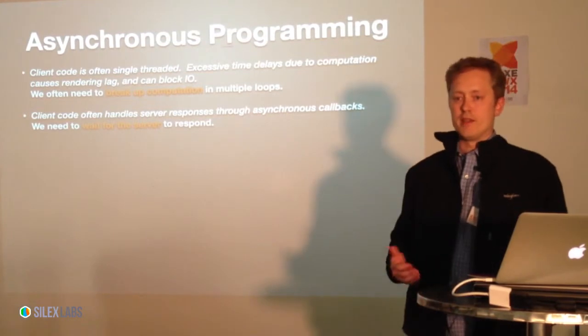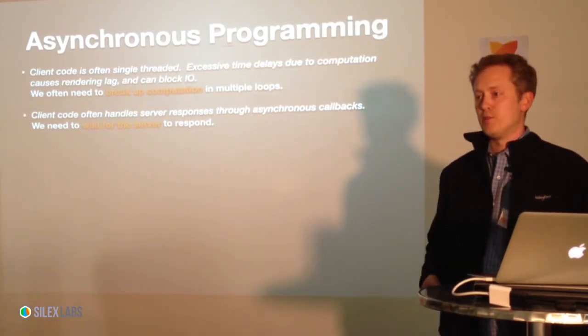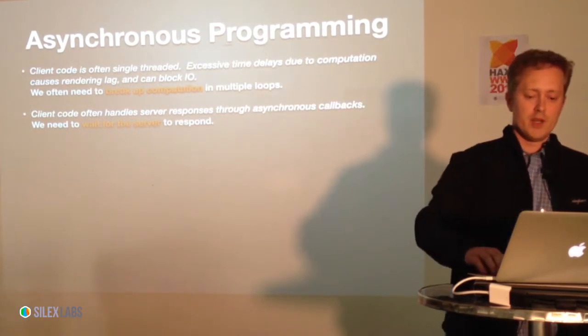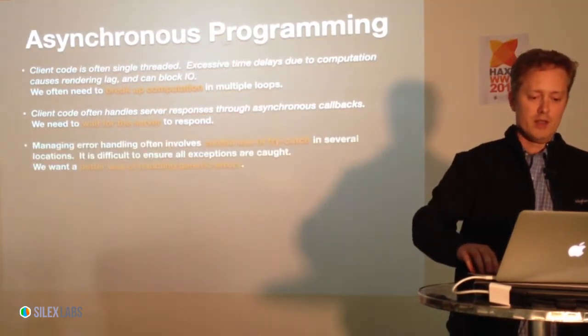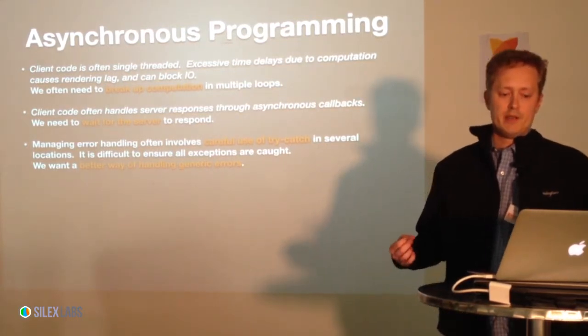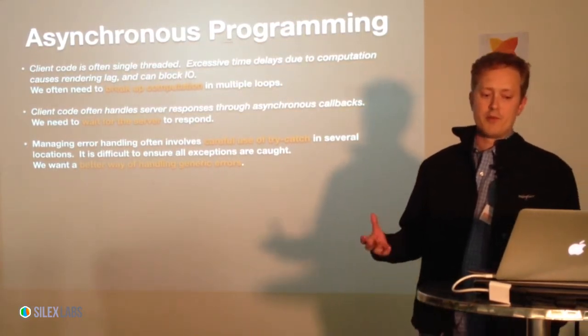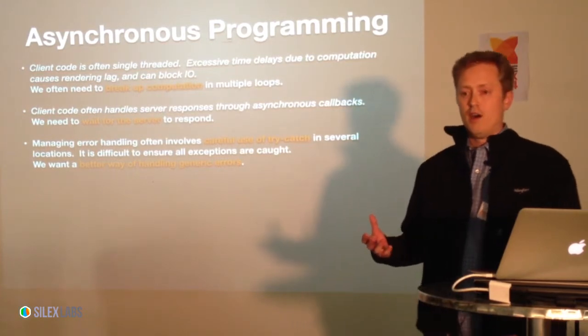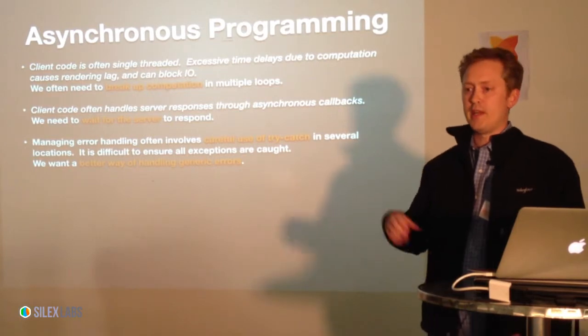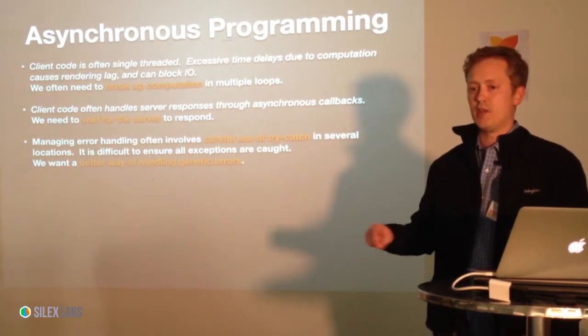You also, being a client application, you're typically waiting for a server to complete something. So you've got a delay there as well. Some other problems that you run into is that you have to really be careful with catching errors in several locations spread across all of these different functions, because they occur on different loops and they break out of try-catch blocks.